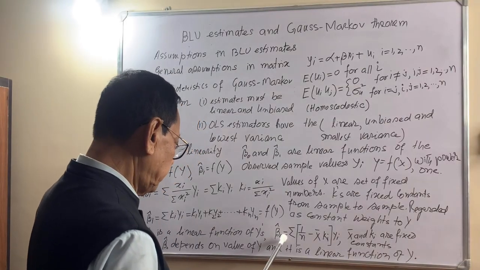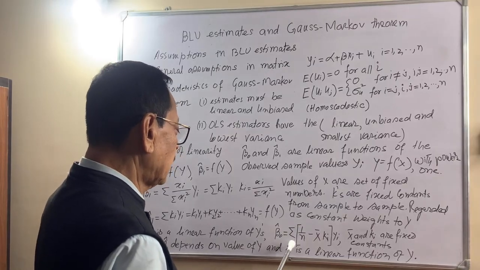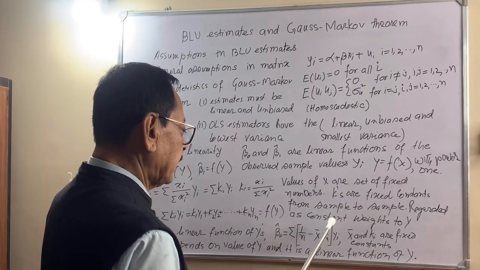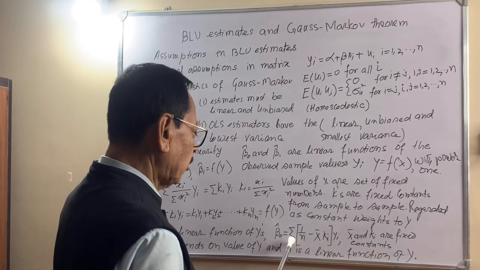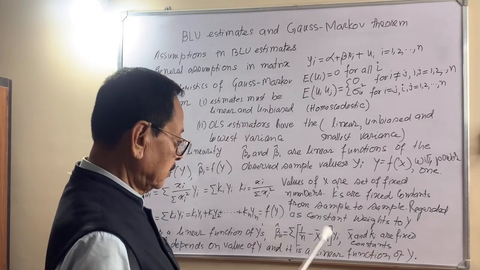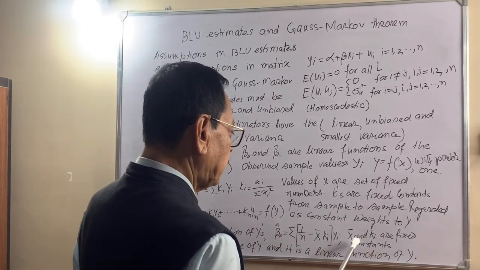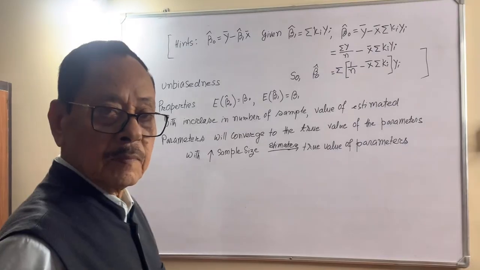Beta naught estimated, we have already got earlier, is the sum of 1 by n minus x bar ki into yi. We have derived this in the earlier lectures, and x bar and ki are fixed constants.